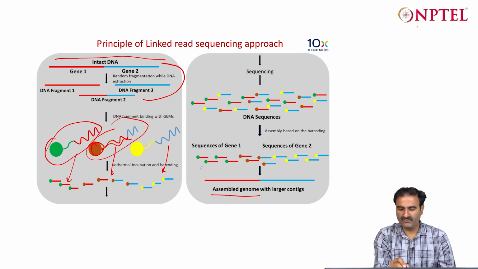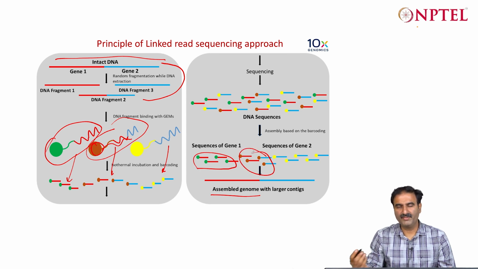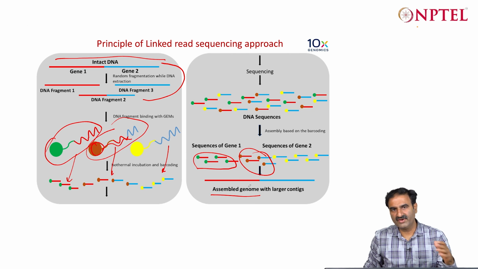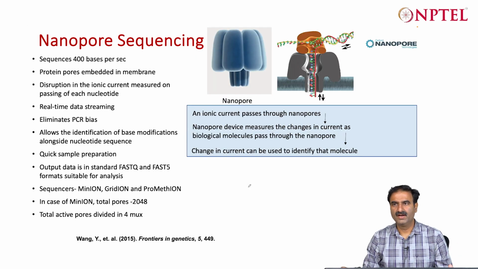We look for all the pieces with green tags computationally and assemble them into longer pieces. That is how we use the principle of linked reads in 10x Genomics, and the sequencing is actually done by the Illumina instrument.